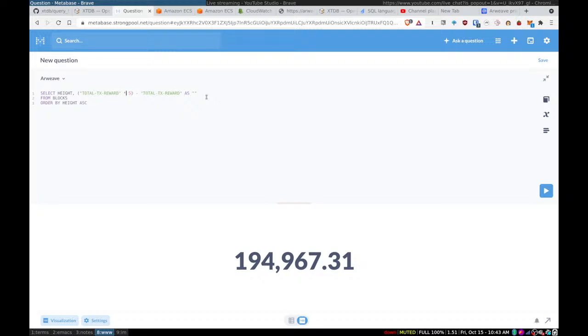Okay, so we'll call this what? Endowment. I don't know why I'm doing capitals, but I'm just trying to be consistent. Endowment contribution. So we multiply by 5 to get the total reward, including the endowment, and then we subtract the total reward, which is the amount that goes to the miner.